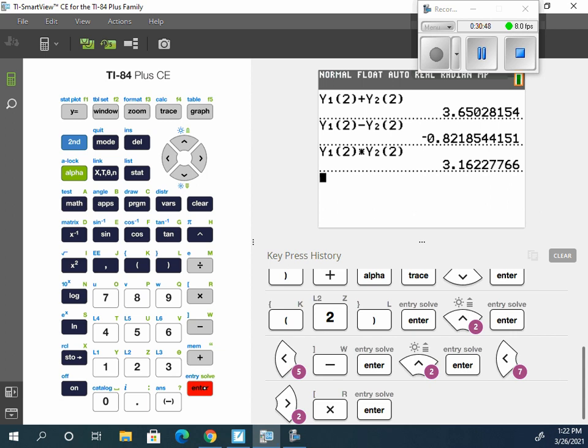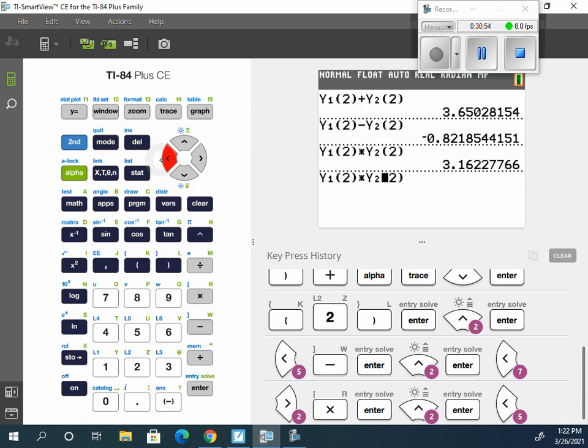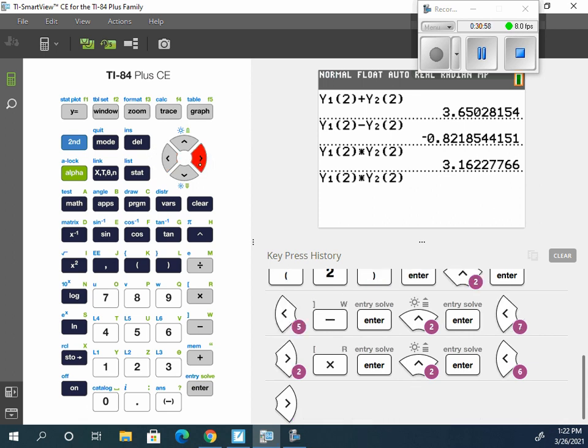Do multiplication. Division. And that's all 4 of them. And that's all we have to do for this, if we wanted to use the calculator for it.